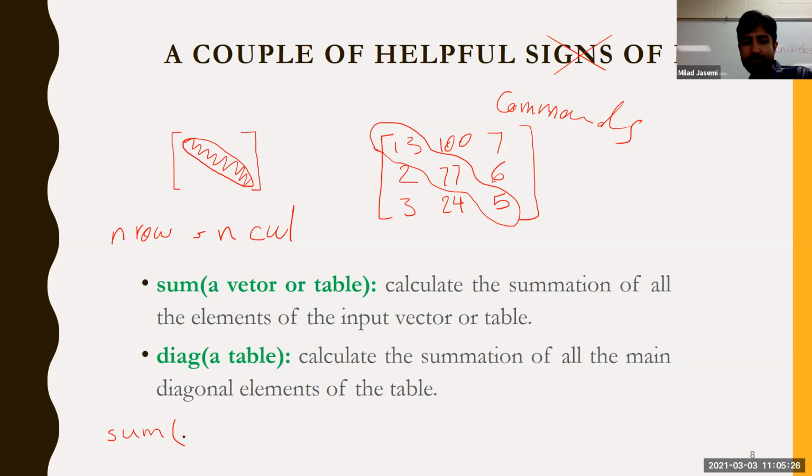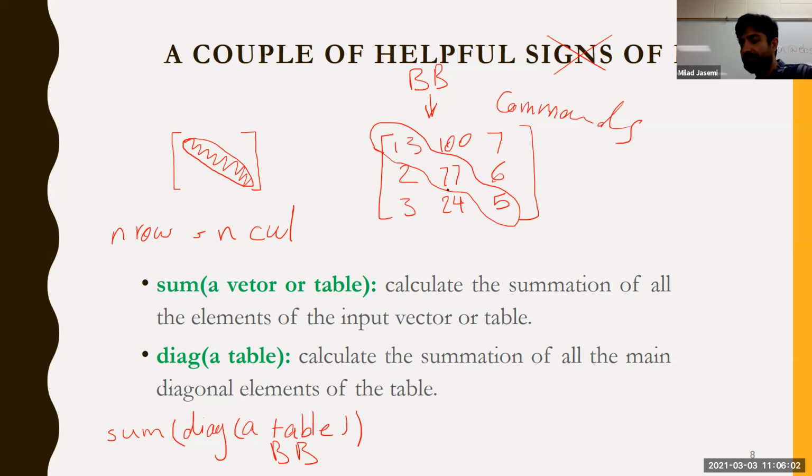And if I put diag of a table, and assume we name this table BB, then sum diag BB calculates 13 plus 77, which is 90, and the total is 95.